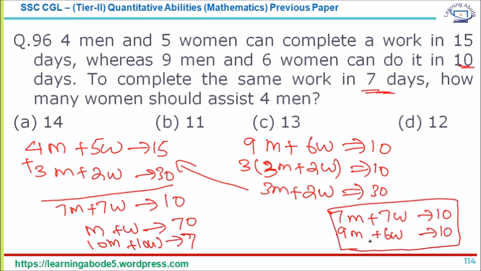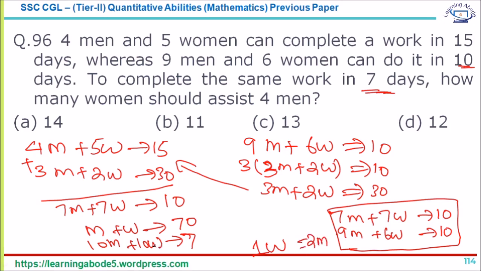That is, if you reduce 1 woman, right, so 7 men and 7 women, right, now can finish a task in 10 days. 9 men and 6 women also can finish a task in 10 days. Now if you reduce 1 woman, you have to add 2 men. If you reduce 1 woman, so we can say the amount of work done by 1 woman is equal to 2 men. 1 woman is equal to 2 men.